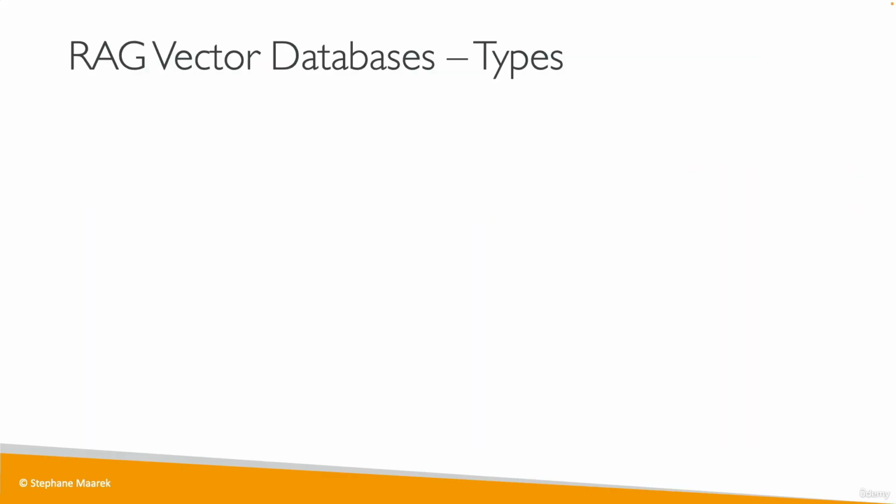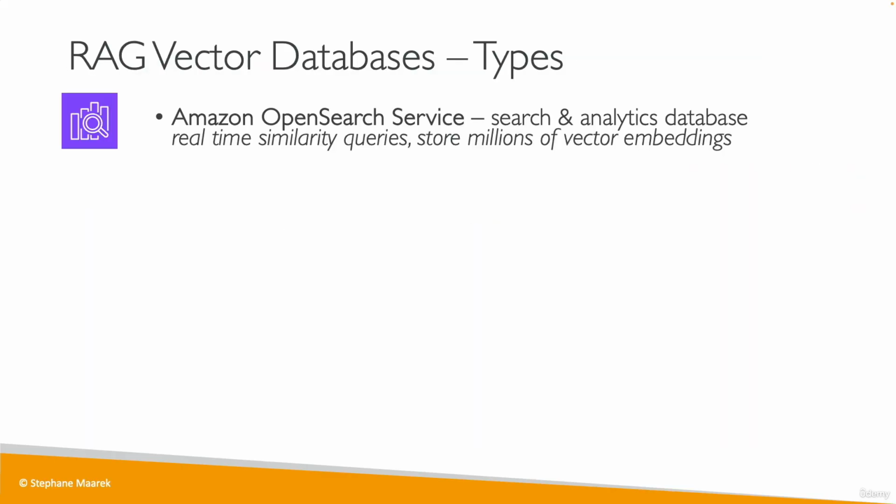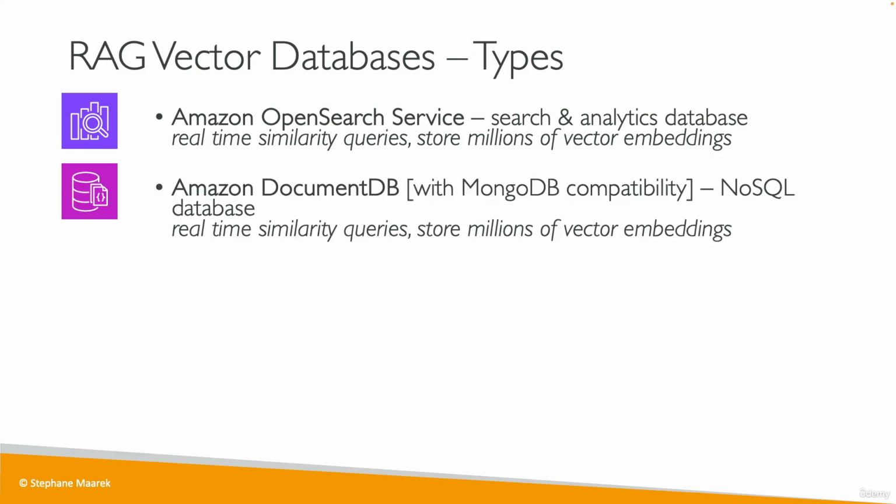So the exam may ask you to choose the right RAG vector database, at least from a high level. So you don't need to be an expert at databases. I'm going to give you the information that you need to figure out the database. The first category would be Amazon OpenSearch Service and Amazon DocumentDB. OpenSearch Service is a search and analytics database, and it's very good.